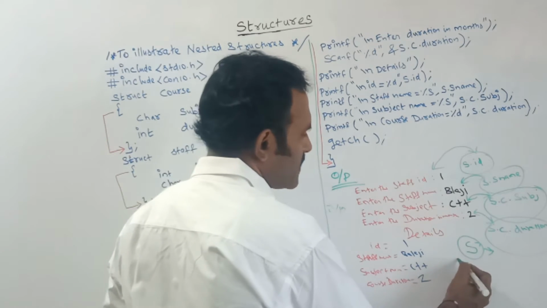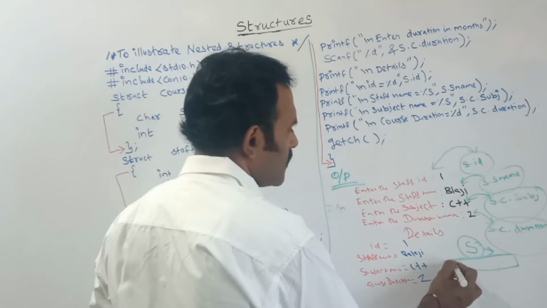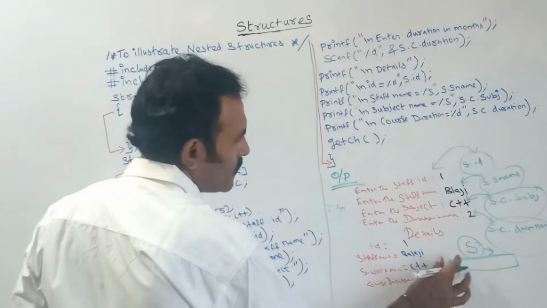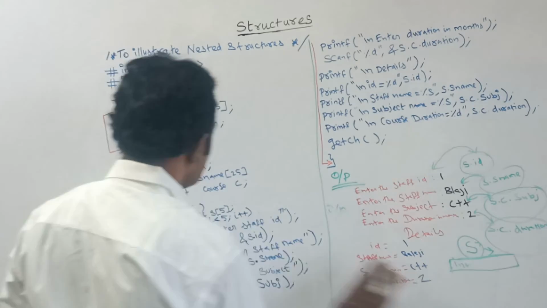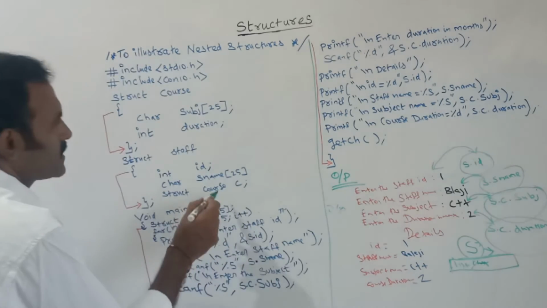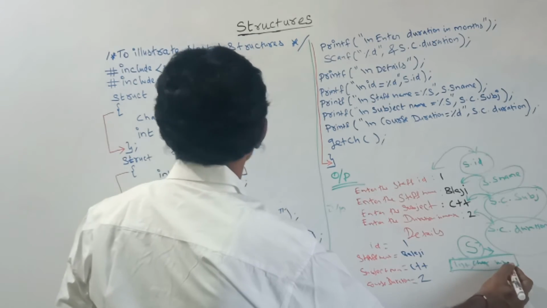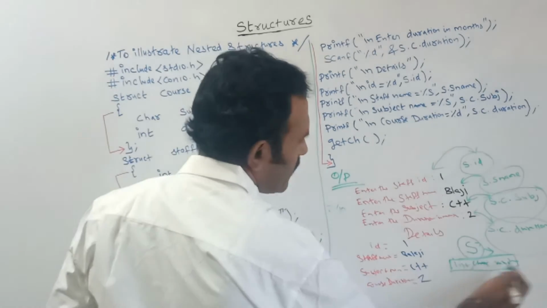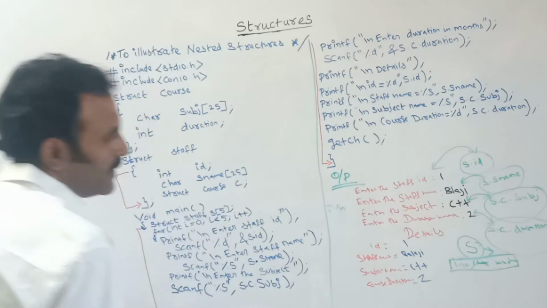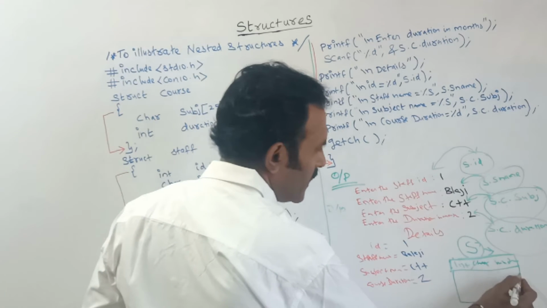So this s will hold in memory one integer value, one character, and next, in this course, the subject and duration. This is one record that s holds. If you declare it as an array, then how many sets does it have? Totally 5 records.